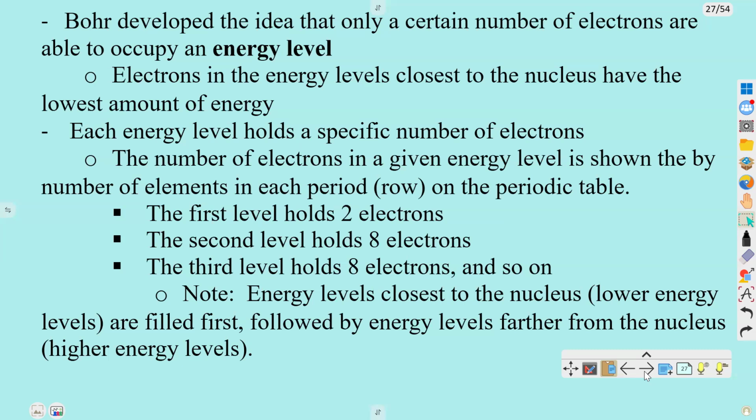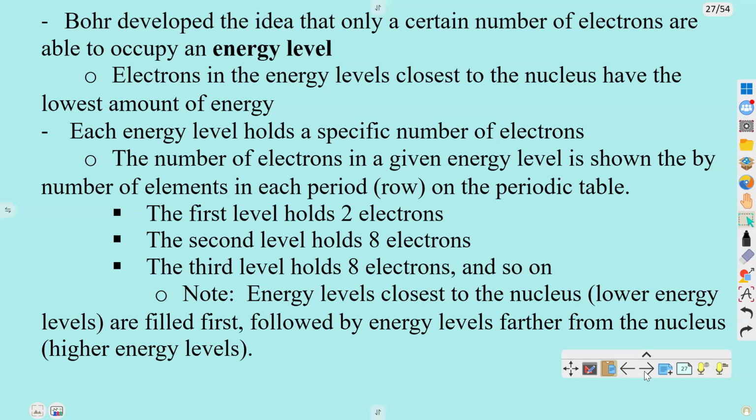So, for example, hydrogen and helium are on the first period. There's only two of them in that first period, and lo and behold, we only have two electrons in the first electron level. If you go down a period, starting with lithium, counting all the elements all the way across, we have 8 elements.